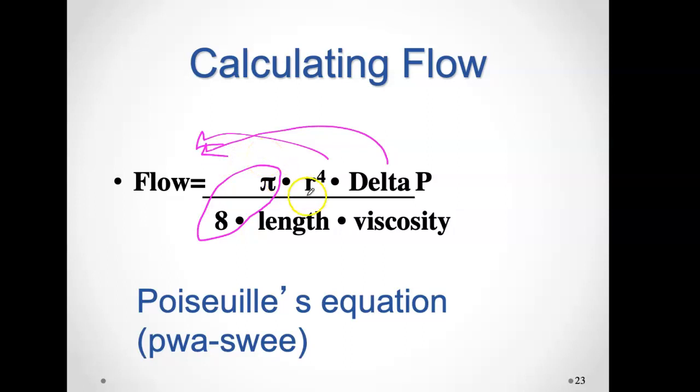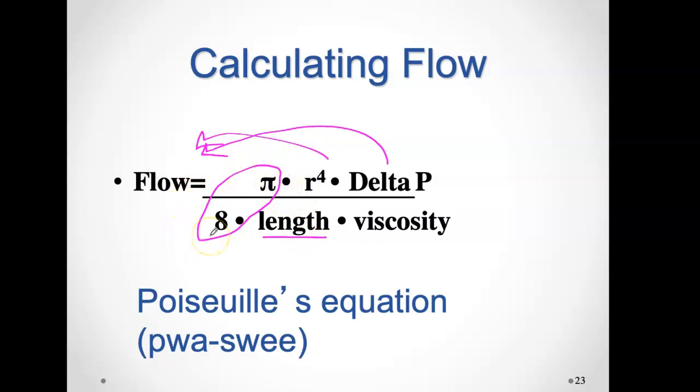What diminishes that flow is what is in the denominator of this equation: the length, remember the length of the straw that we were talking about, and the viscosity. If blood all of a sudden becomes very thick, then flow is going to diminish. So above the line we're talking about directly proportional, and below the line we're talking about inversely proportional. So length is inversely proportional to flow.